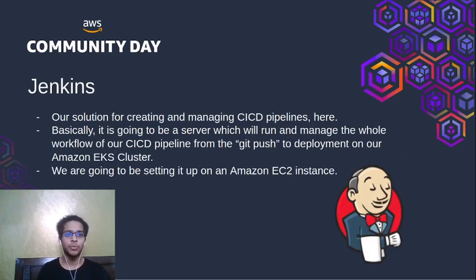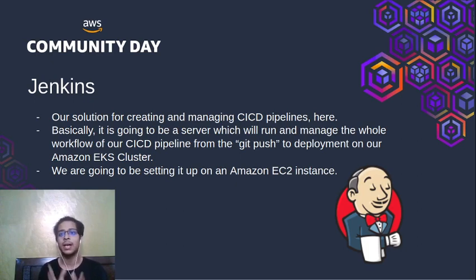Right? Now moving on, Jenkins. This is the belle of the ball. Basically, Jenkins is a server. It is a tool to create and manage CI/CD pipelines. Everything in a CI/CD pipeline, from pulling the code from GitHub to running the tests to making the deployment, will be performed by Jenkins.